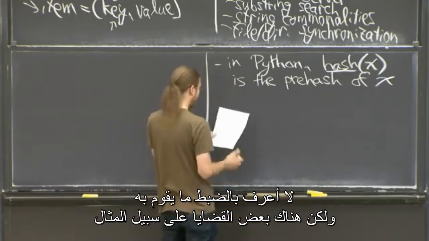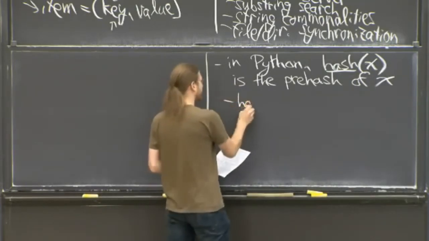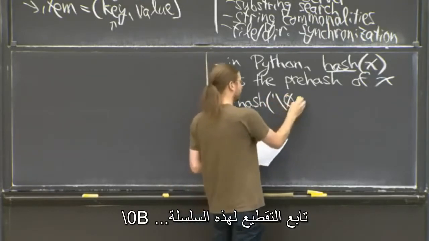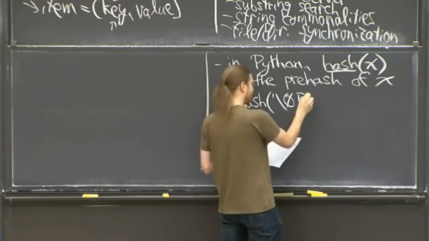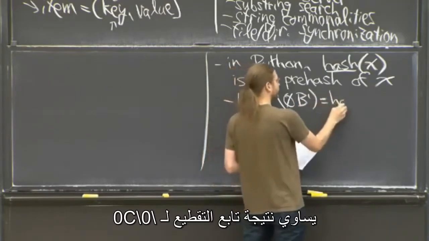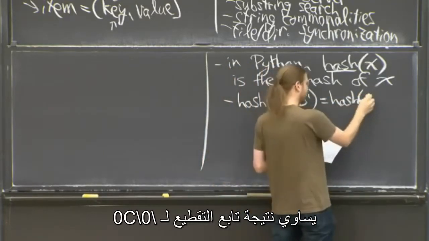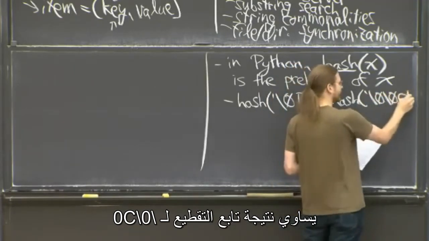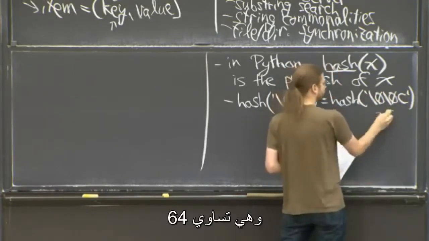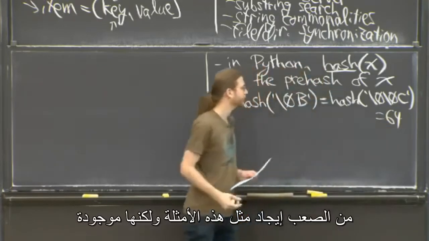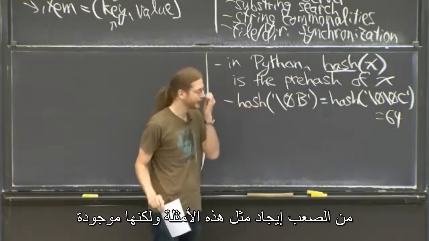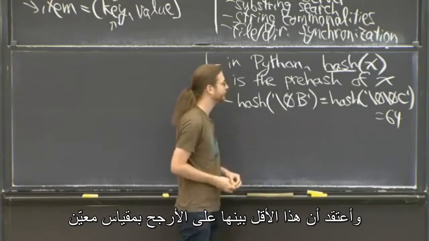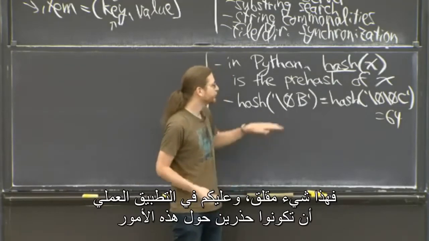For example, hash of this string, \0 capital B, is equal to the hash of \0 capital C, 64. It's a little tricky to find these examples, but they're out there. So it's a concern.